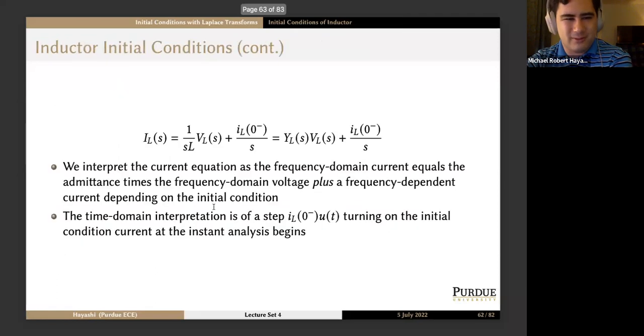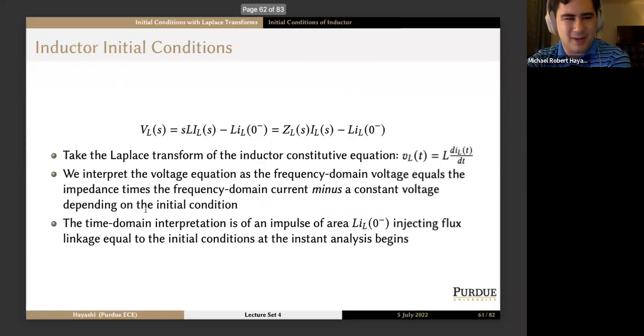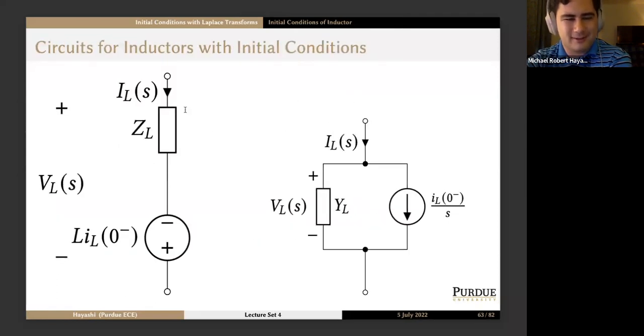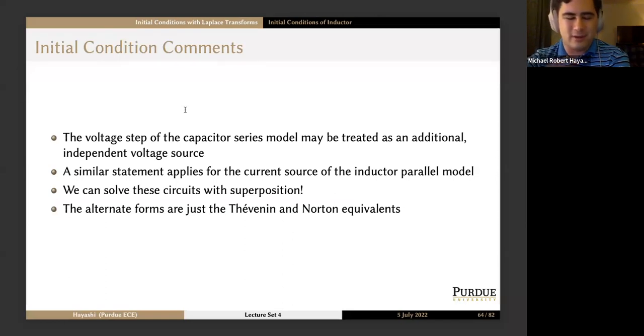Now, the alternate forms, the capacitor parallel model or the inductor series model, are just the Thevenin and Norton equivalents of each other to what I just said. But the key idea here is we'll be able to solve circuits with superposition, which is great.